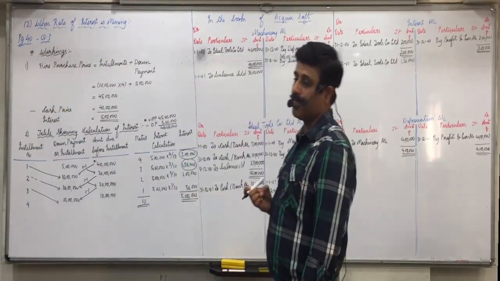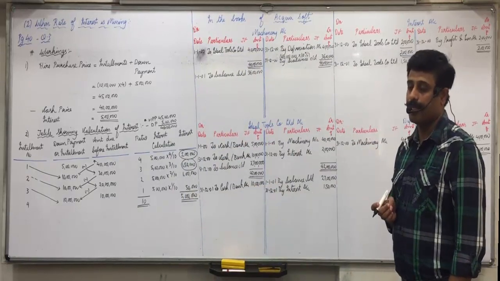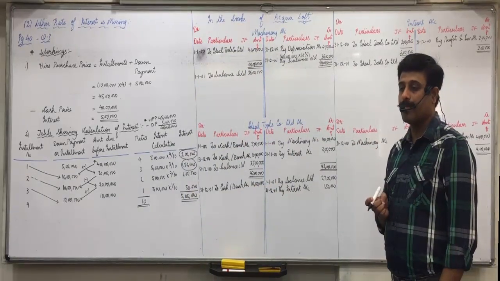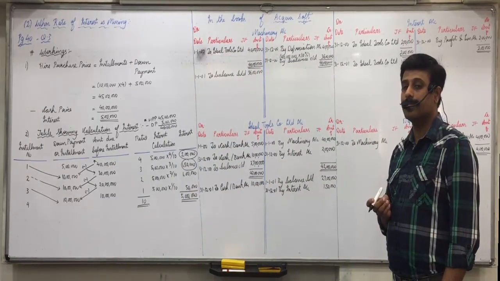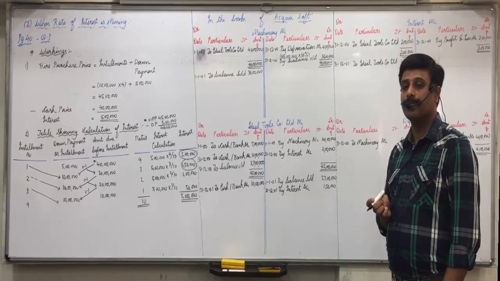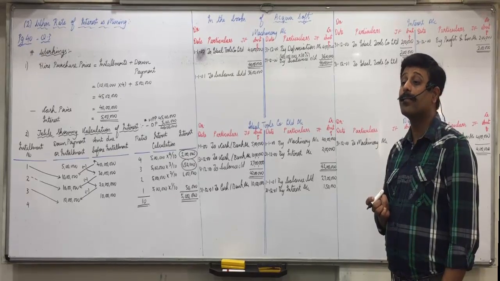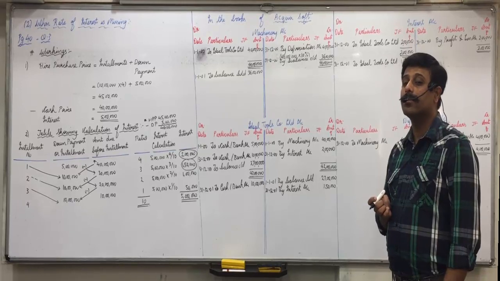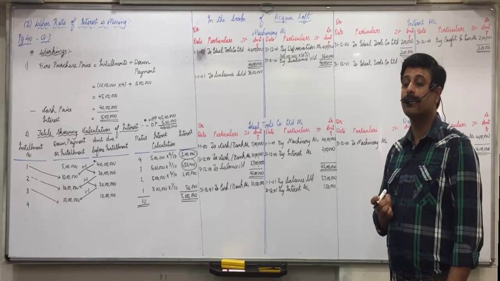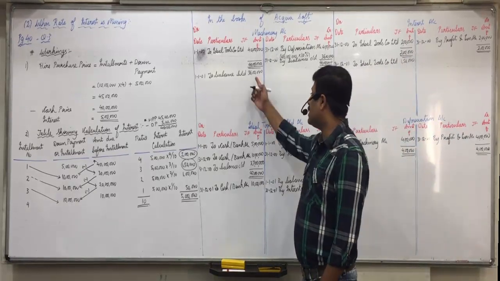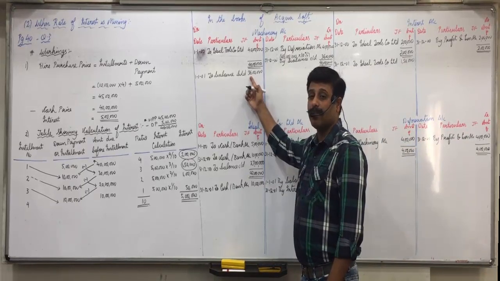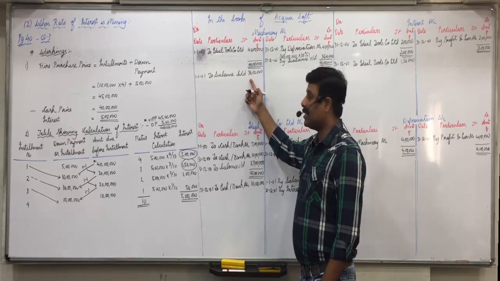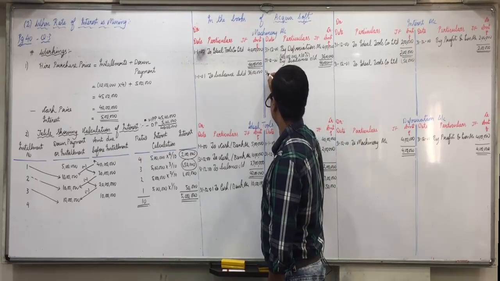And what amount? What will be the amount of depreciation? 36 lakhs into 10%, 3,60,000. WDV method. Depreciation to machinery.